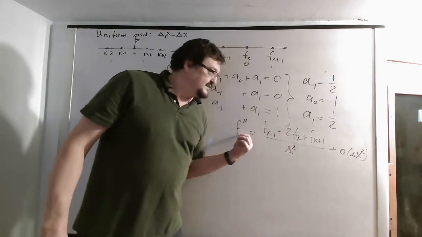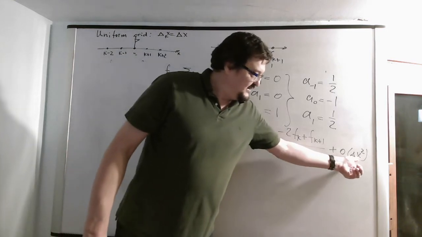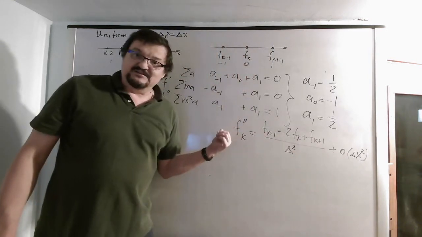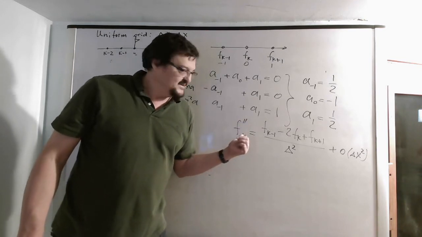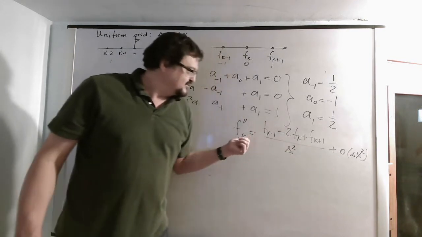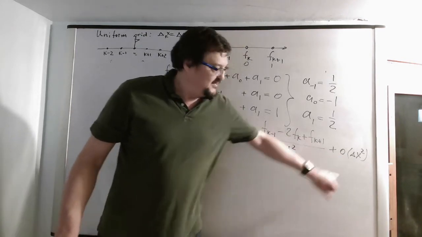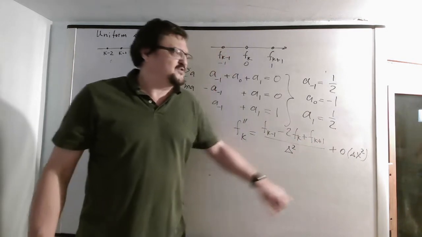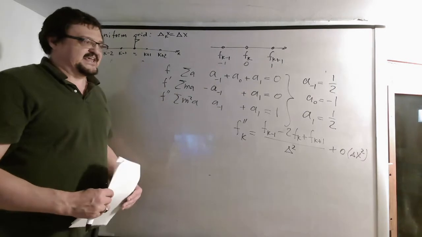So second order derivatives always converge better than first order derivatives if you refine the grid spacing. So you really need to worry about first order derivatives the most. Second order derivatives are already kind of highly accurate because of this delta x squared. It's not very accurate, but at least it's better than first order truncation.